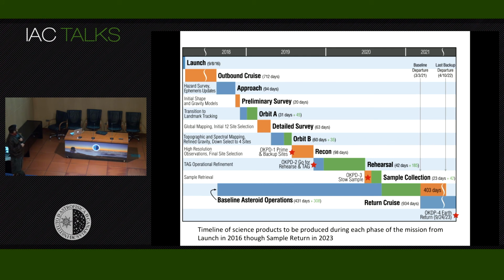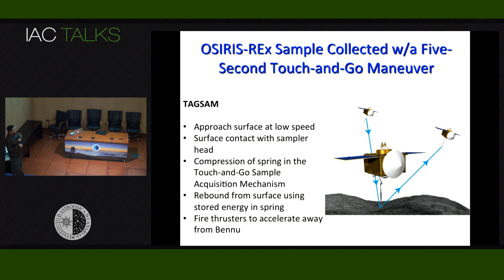Finally, once we did all the science and selected the sampling site, the mission is going to take a sample. This is the last thing I will show you. To do that, OSIRIS-REx has an arm, a few meters long, with a collector at the bottom that makes a touch-and-go maneuver.